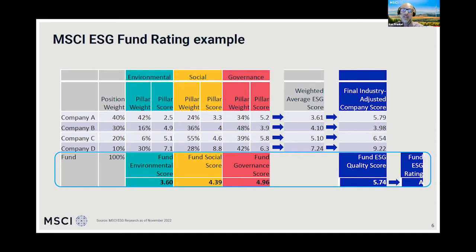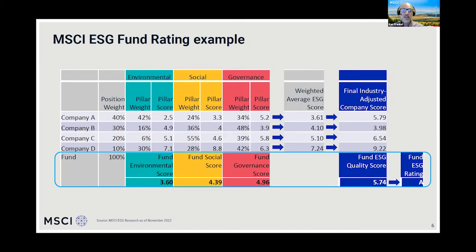The implication for this portfolio is that the group of companies held tend to be somewhat below average when considered across the full universe of companies. If you consider a score of 5 as about average, these are all lower than that when looking at that global universe. But they're stronger ESG performers within their individual industries, which is why they have those industry adjusted scores that tend to be higher than their weighted average scores.